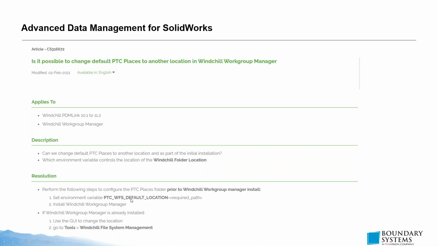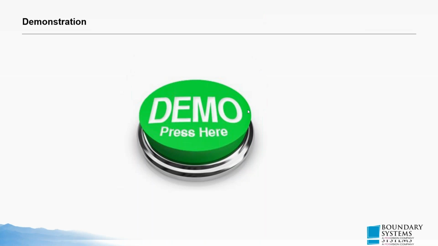So the PTC_WF default location, you can set up where that is, once again, as an environment variable, and then install the Workgroup Manager. If you've already installed the Workgroup Manager, then you can go into Tools, File System Management, and change where that path is in there as well. So I'll show you these in more detail when I actually go into the demonstration, which is next.